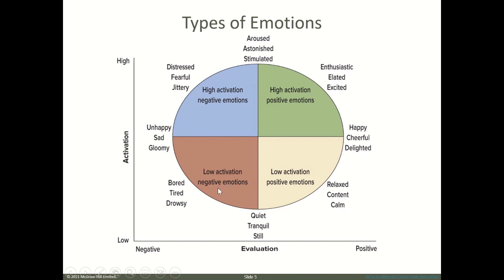Low activation and negative emotions: sometimes they feel that this job is boring, I feel so tired and drowsy. The thing is that when we play some game, we don't tire, even maybe a physical one or a mental game, because we don't tire only in those activities that we love. And normally we do what we love, right?